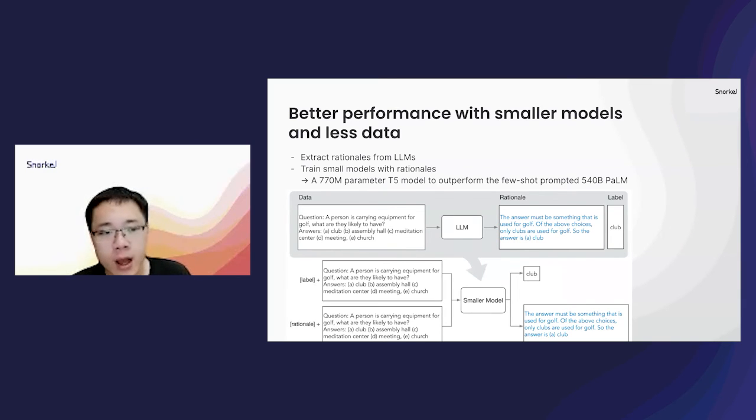You can see the example: instead of only outputting the club, we're also outputting the rationale, where the answer must be something that is used for golf. By combining and fine-tuning on both the rationale and the label, a T5 model in the experiment was able to outperform the few-shot prompted PaLM model, which has 540 billion parameters.